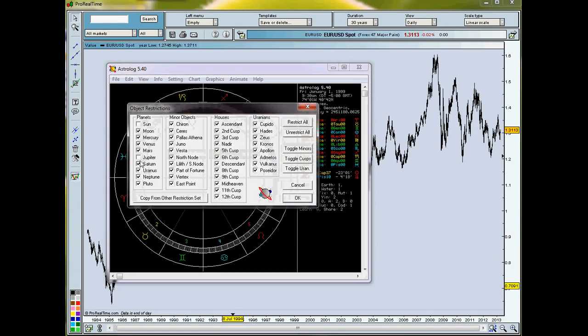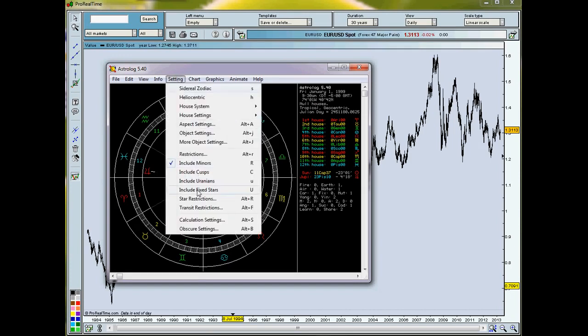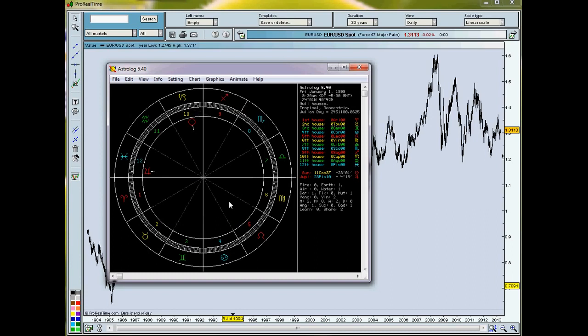The restrictions, as you can see, are just Jupiter and the Sun for right now, because those are the planets I'm going to use as an example. And of course, I have the calculation settings for the equatorial positions. The chart is set for 9:30 a.m., which is fine, because we don't need any specific time of day. We're just interested in the date, which is January 1st, 1999.